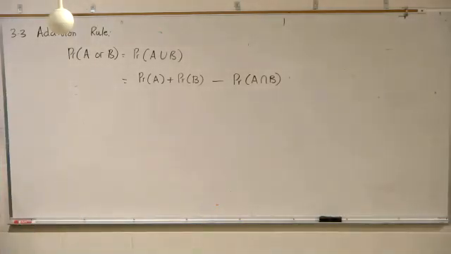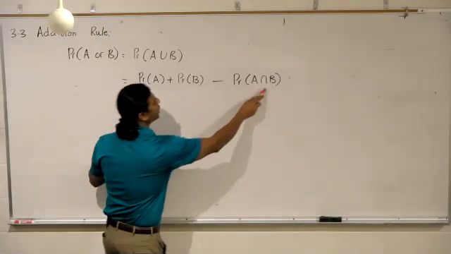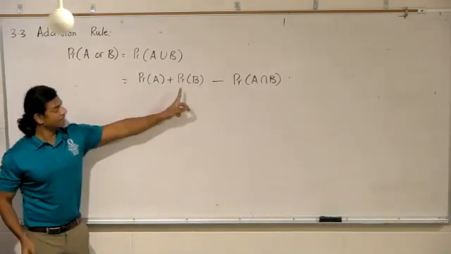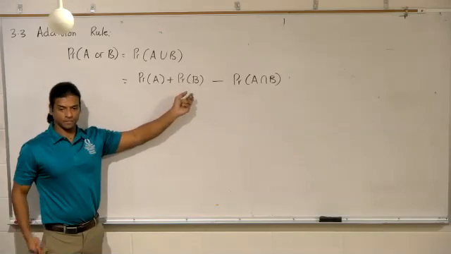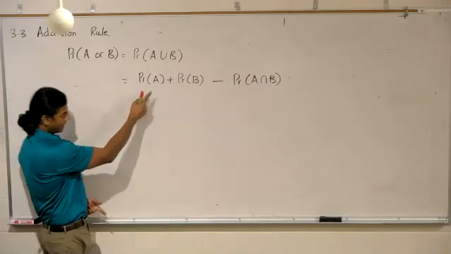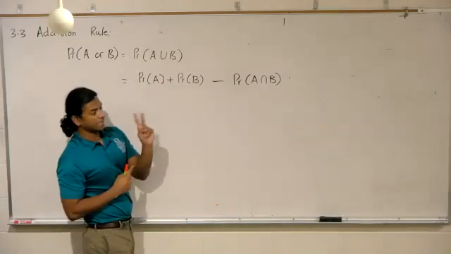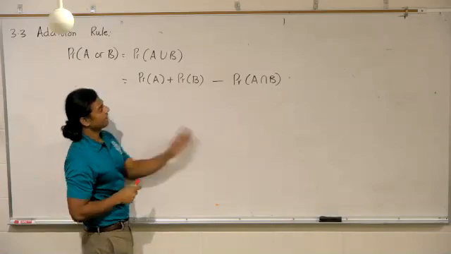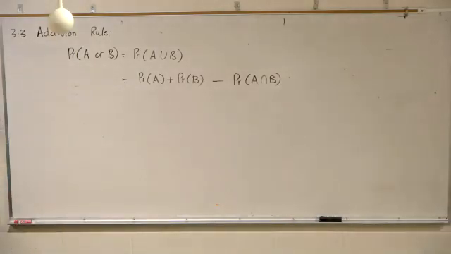If A and B could happen together, then it is going to happen here and it is going to happen there also. Do you agree? If they happen together, you're going to count it here, you're going to count it there. You double count it, so you've got to take one off. Good. So that's where this rule comes from.